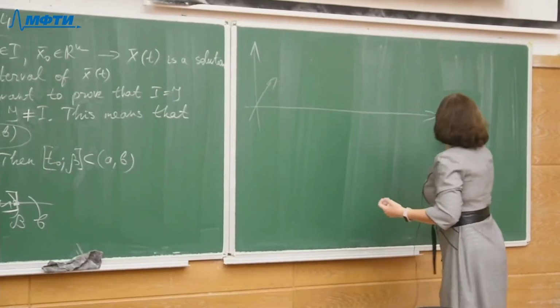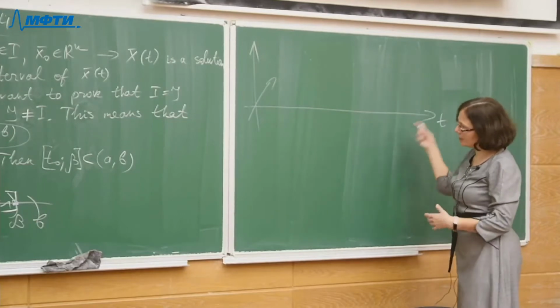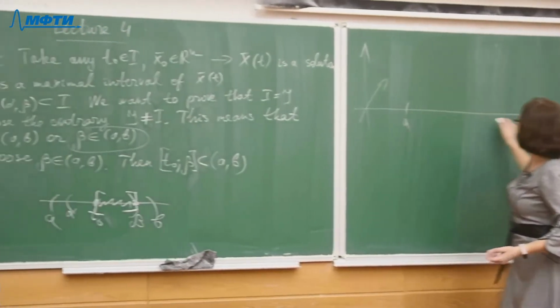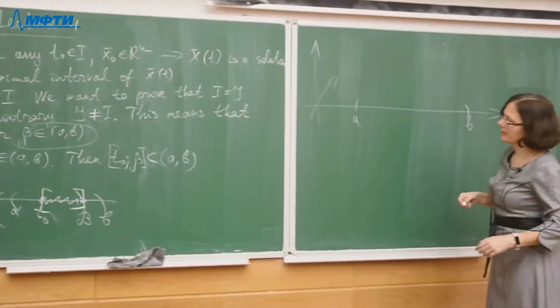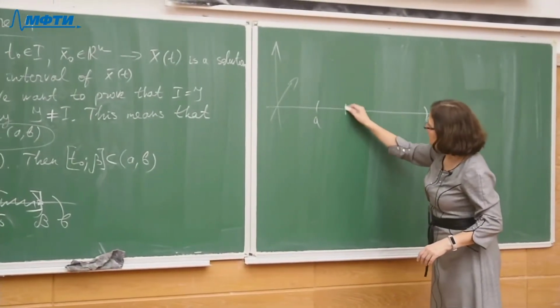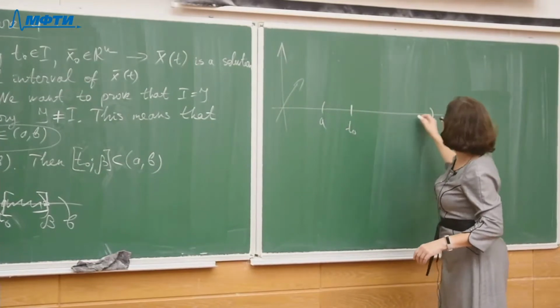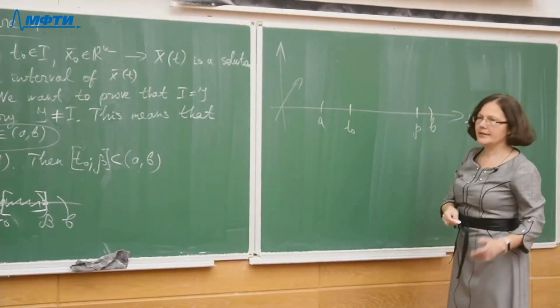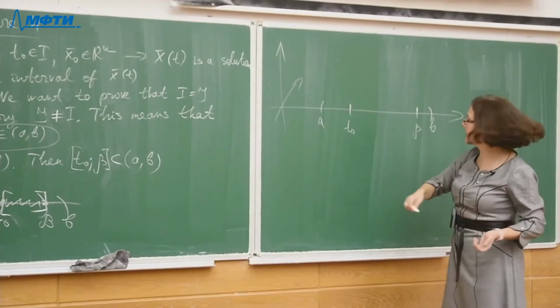So this is the t-axis, and we will consider the interval from a to b. Then this will be t0 and beta. And I'd like to consider a compact set.